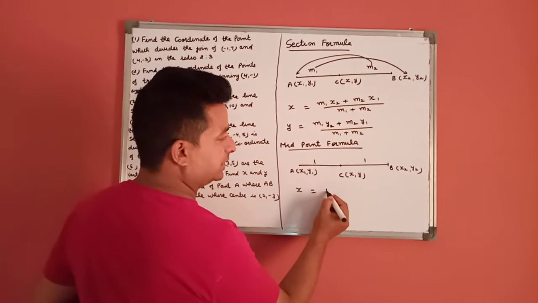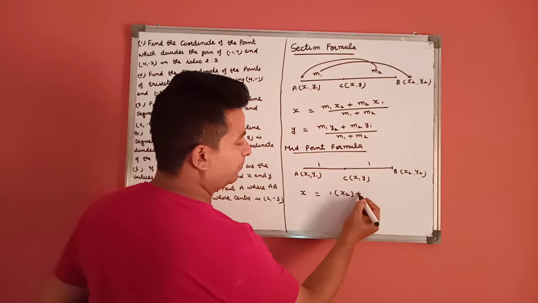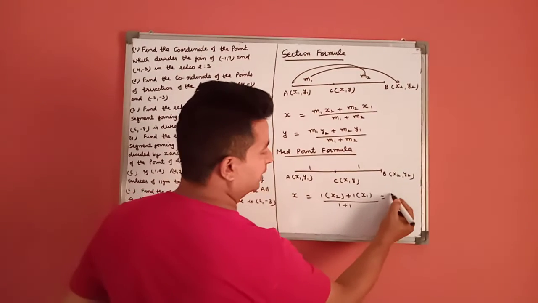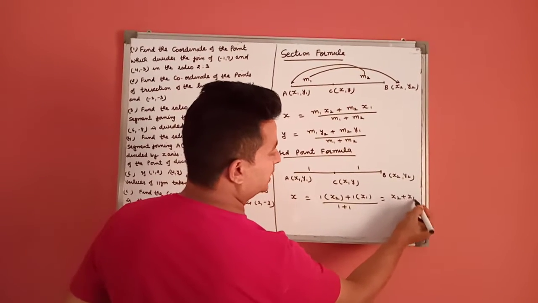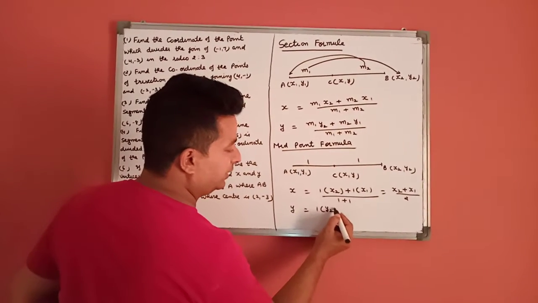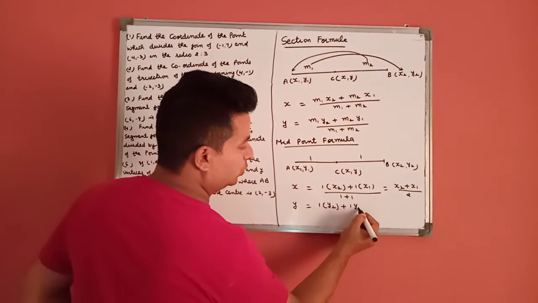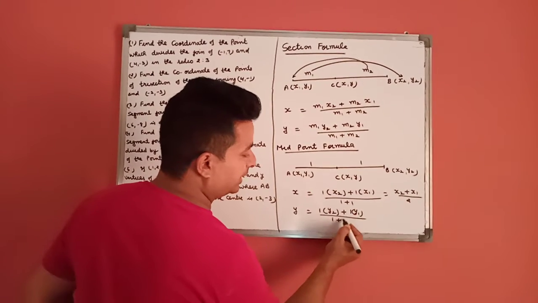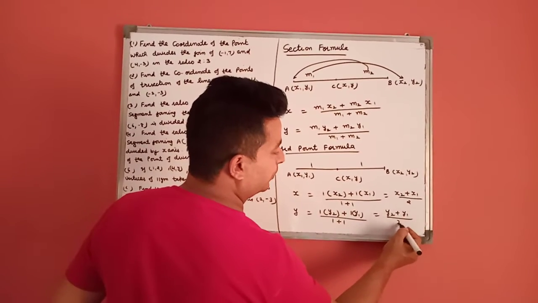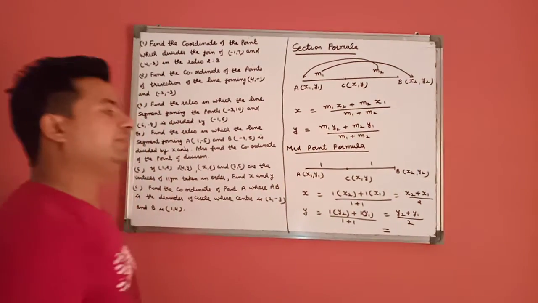So x is 1 into x2 plus 1 into x1 divided by 1 plus 1. This means (x2 plus x1) by 2, and y is (y2 plus y1) upon 2. It's called midpoint formula.